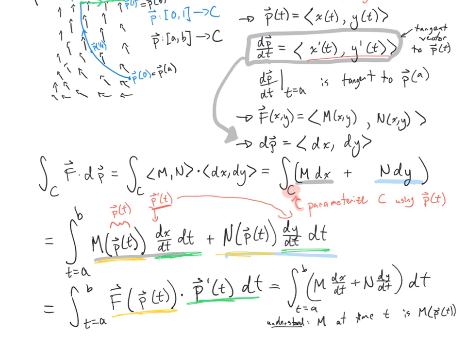I don't know, sometimes this is convenient. It kind of depends on how m and n are presented to you. But hopefully this makes sense how I can manipulate these sorts of expressions. Really, I'm just using the dot product and chain rule to parameterize my curve.